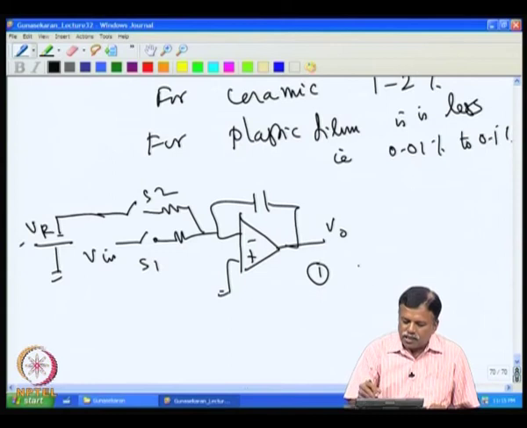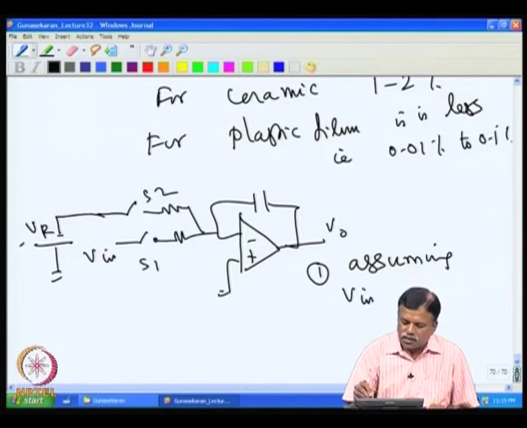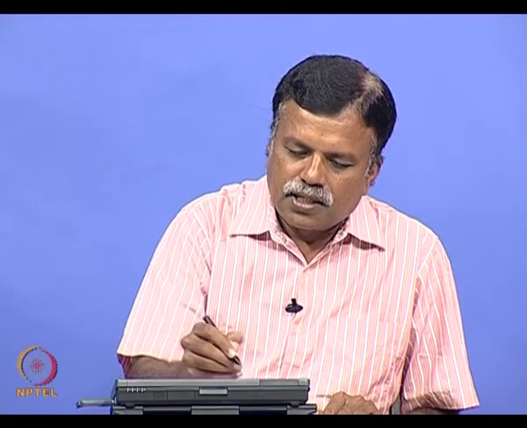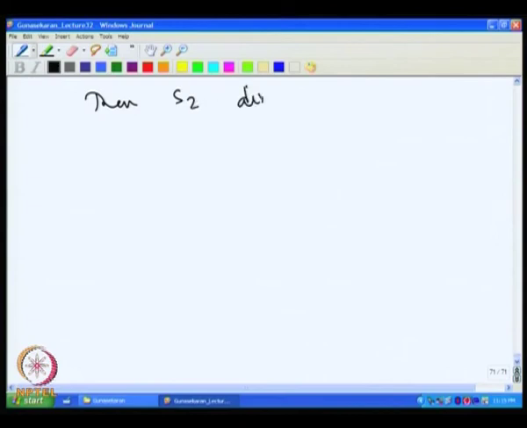So, assume initially V in is large, then C will charge to a high voltage. Then S2 discharges C quickly.